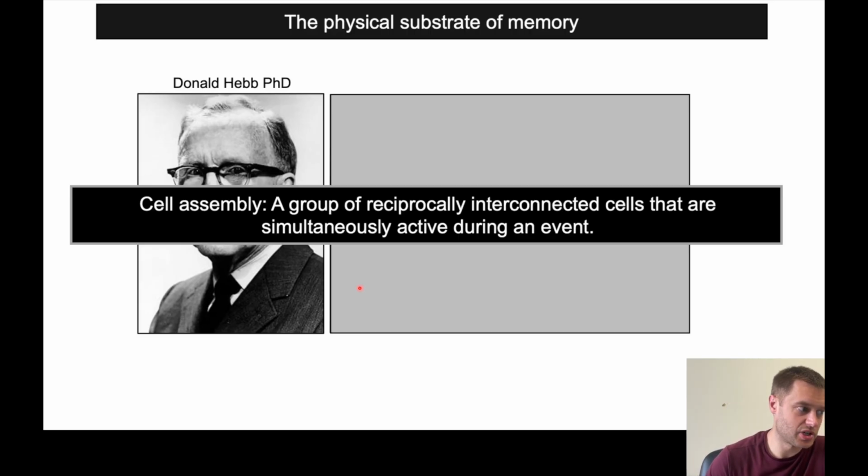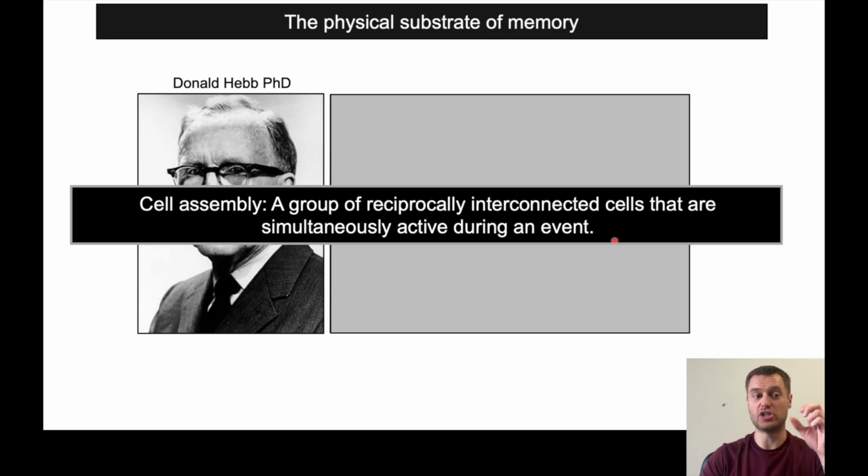He gave us the term cell assembly, and he hypothesized that essentially we have a group of reciprocally interconnected cells that are simultaneously active during an event. So he hypothesized that groups of neurons, when they're activated in synchronicity, or essentially when they happen to be activated together, become synaptically connected.